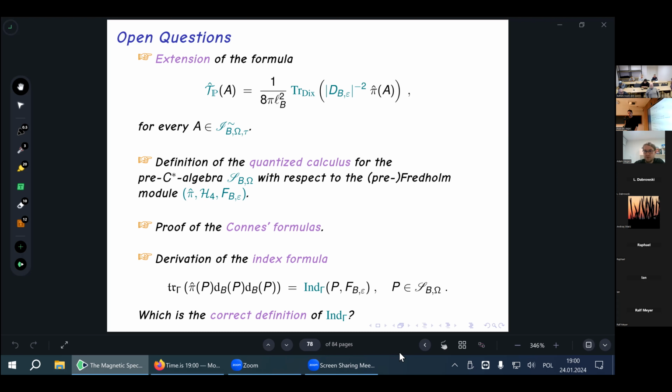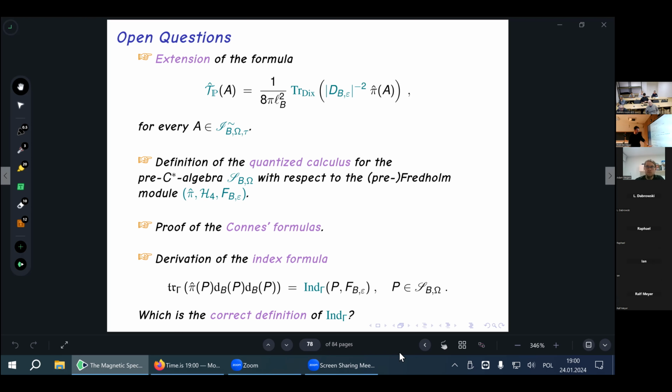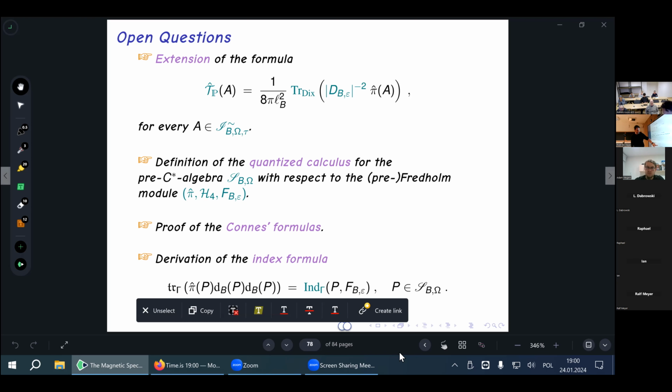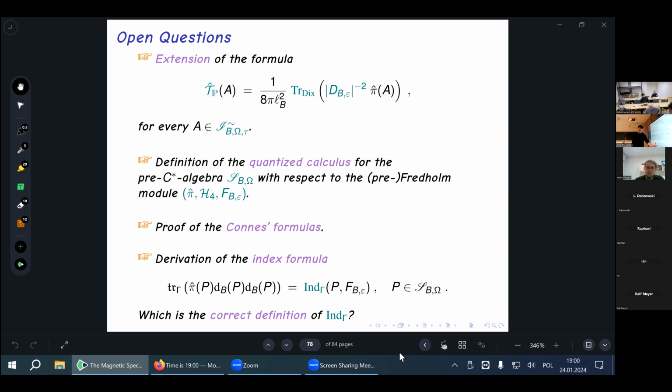Yes, this should be a number, which depends on the projection P, on the Dirac phase F, and on this gamma, which is a half grading of my phase, because this gamma enters in the computation of my Chern character. Which index this is, I have no idea, and I don't know if it exists. This is what I would like to prove. This is a question mark. It should exist: a Fredholm type index that reconstructs this number.